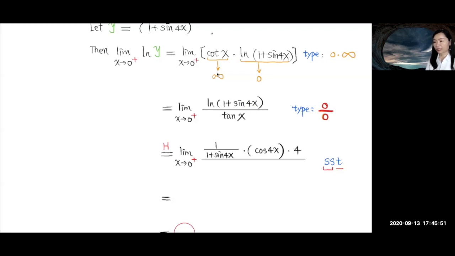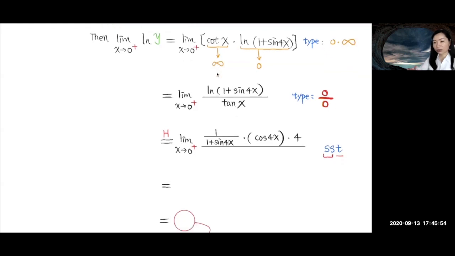Okay. So you have to use the chain rule to differentiate this right here. And don't forget the derivative of this inner function here is 4. So times 4 here. Now the derivative of this tangent of x here is secant squared of x. Okay, so that will be secant squared of x.